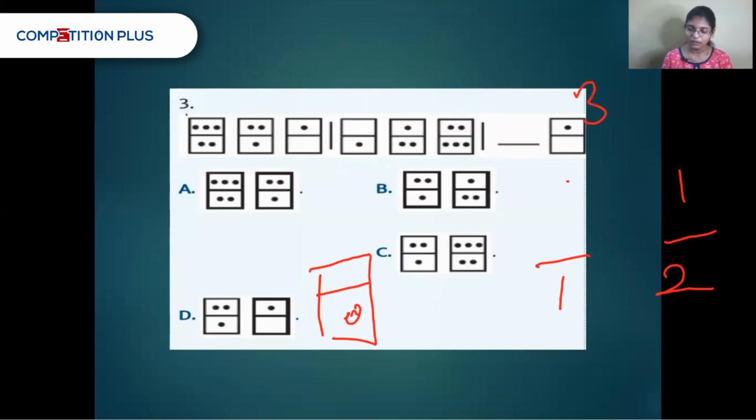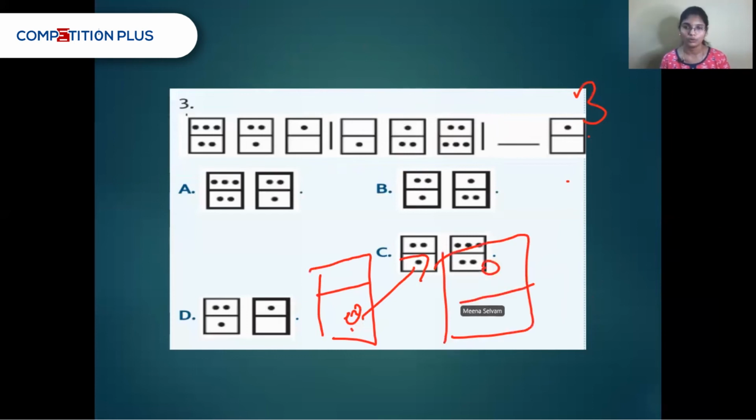It is understood that its second box should have 1 dot, then only its third box, which is already having 1 dot, can follow. Right? Accordingly, if I check, option A fails and option C also fails. Only option B and D seem to be true, that its box should have 1 dot in the bottom.